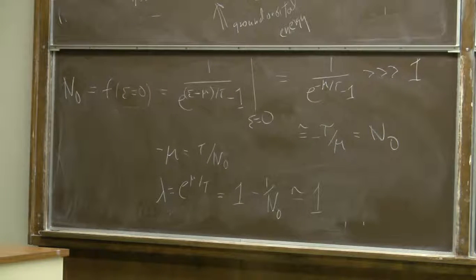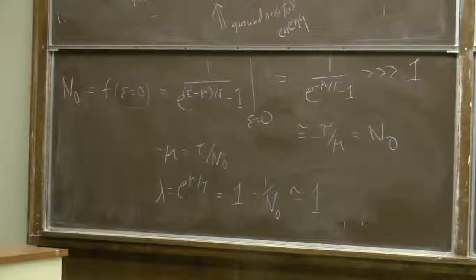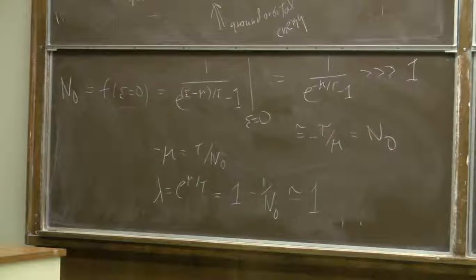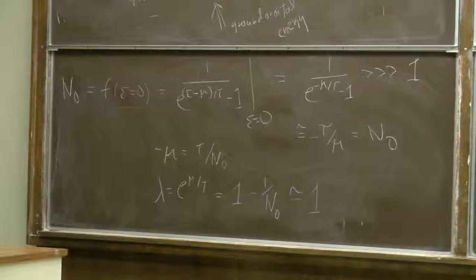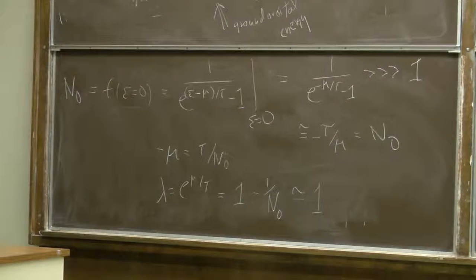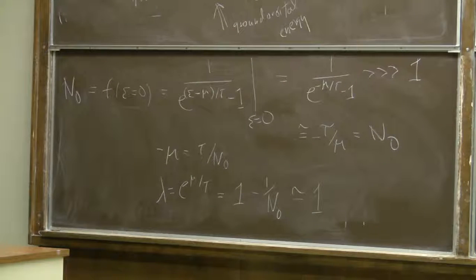Assuming the activity is essentially 1, we calculate how many particles are in all the excited orbitals, excluding the ground orbital. If we really have a Bose-Einstein condensate, that will have to be fewer than all the particles N. The ones that are left over are the ones in the ground orbital. In that way we'll be able to calculate, as a function of temperature, what fraction of the particles are in the ground orbital.